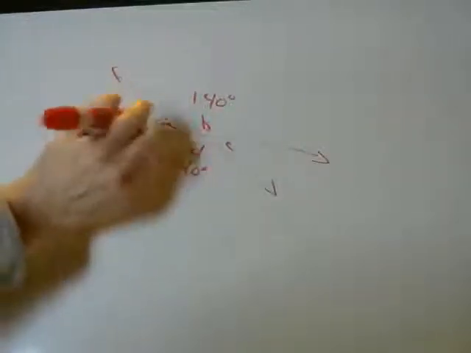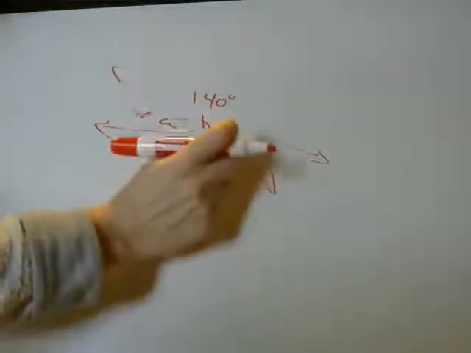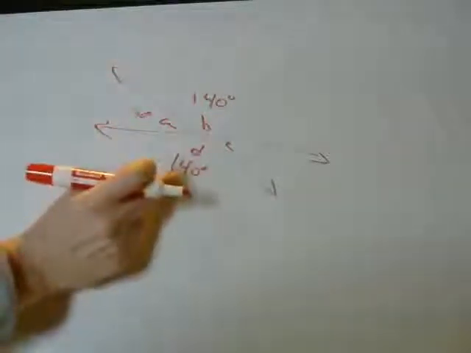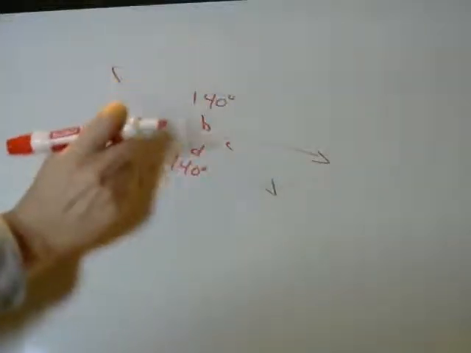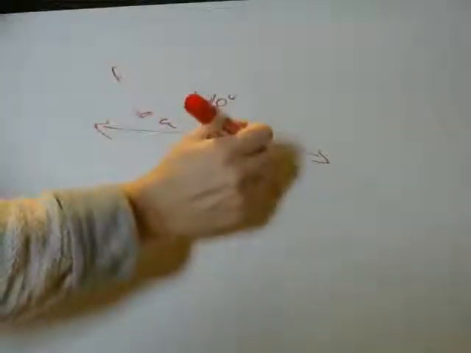Angle A has to be 40 degrees because for this line to go all the way over here, it has to be 180 degrees. Since this is 140, this has to be 40. It's going to be the same here, right? Because if you go from here to here, it has to be 180. If that was 140, then this has to be 40. If this is 40, then angle C is also 40 degrees.